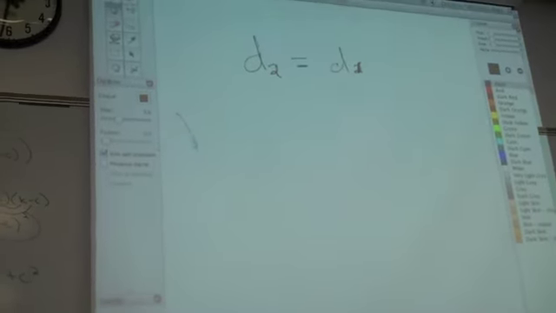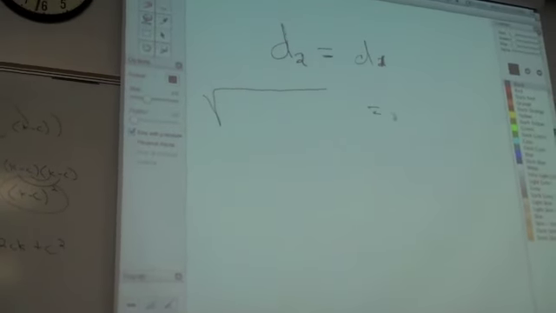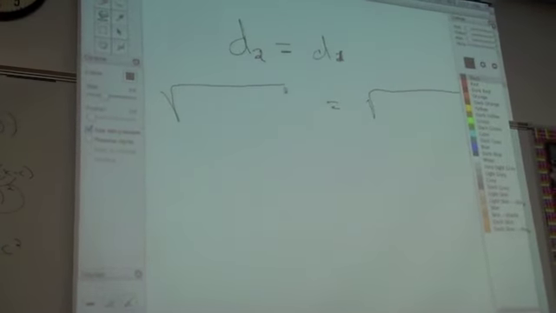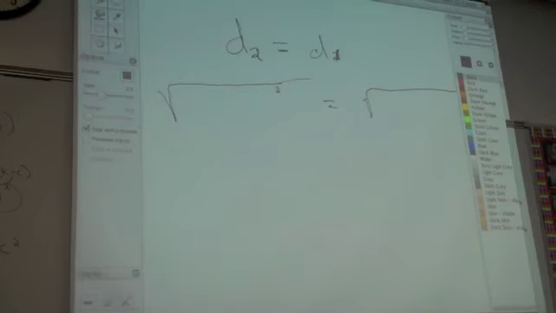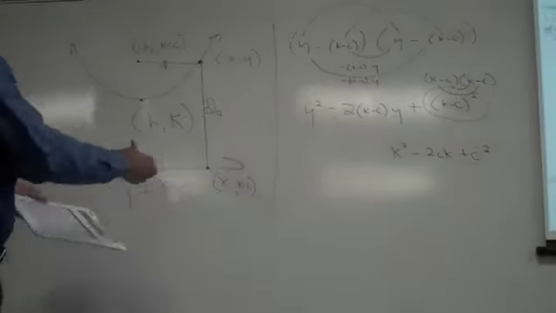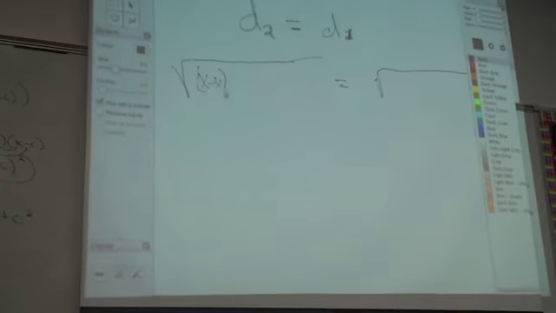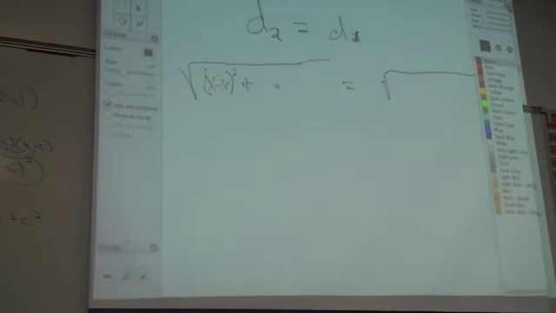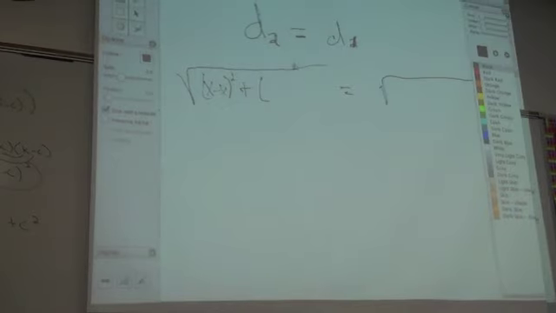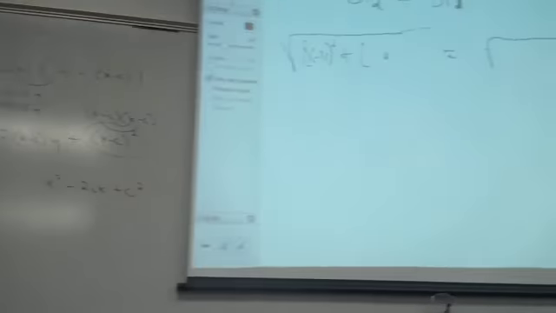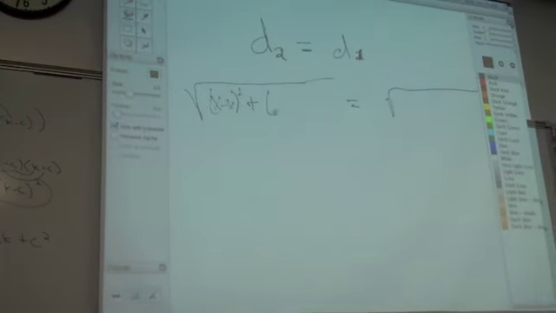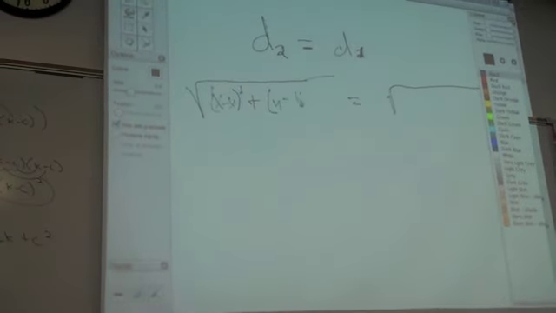Then I want you to make two big square roots for the distance formula. Then go to your picture. Distance 2 is x minus x squared, plus, I'll get it right this time, Ashton, plus y minus k minus c, exactly the same thing we did a minute ago, right?